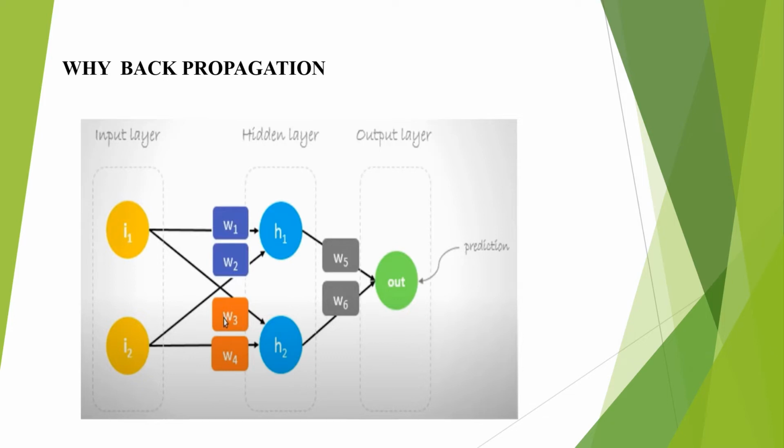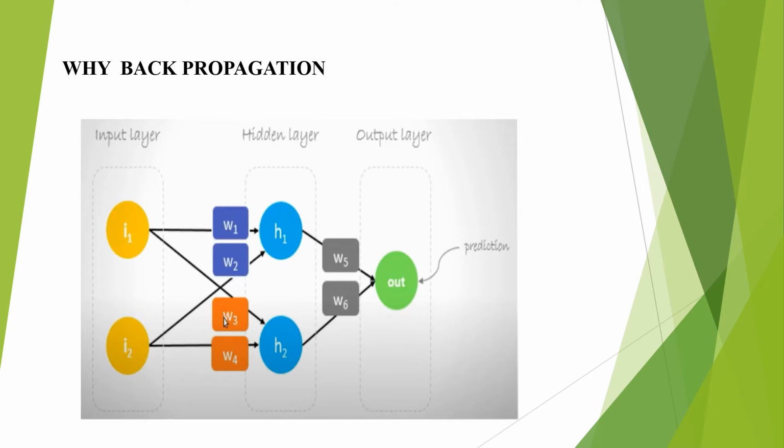Coming to why we need the backpropagation, for example, if you need to construct a neural network, we will randomly assign the values for these weights in the hidden layer, which will further affect the output prediction.